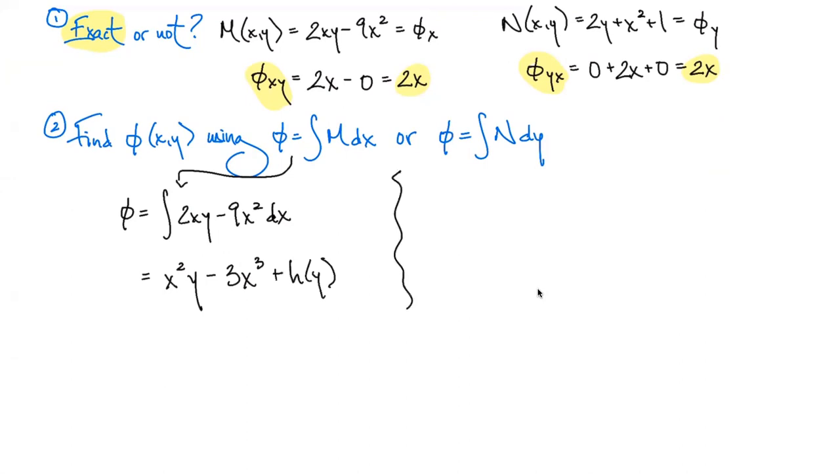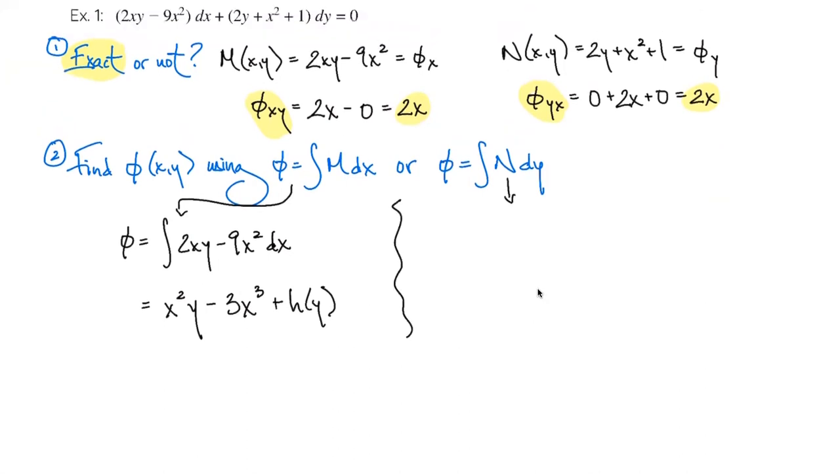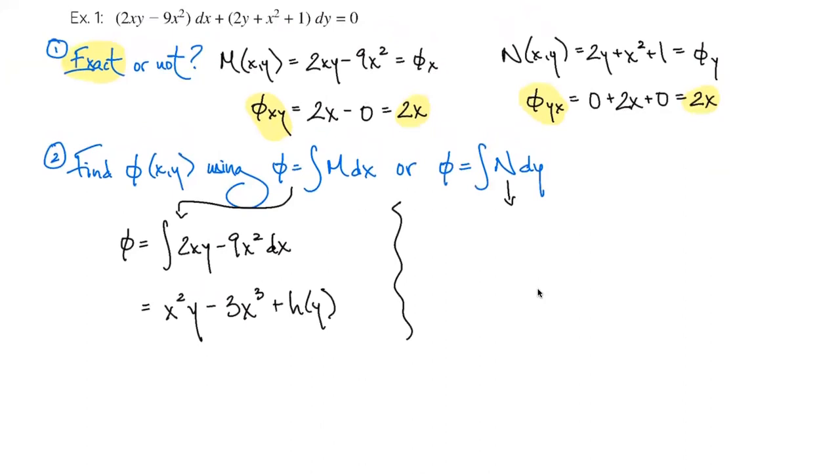Now, similarly, I could have said, I'm going to find the integral of n dy. And I could have set it up this way. Phi equals the integral of 2y plus x squared plus 1 dy. And when I integrate with respect to y, I'm going to get y squared plus x squared y plus y plus, now we don't want a plus c, because remember, we're doing sort of a partial situation.